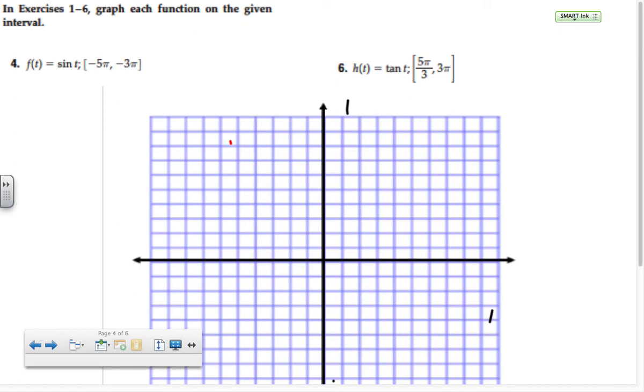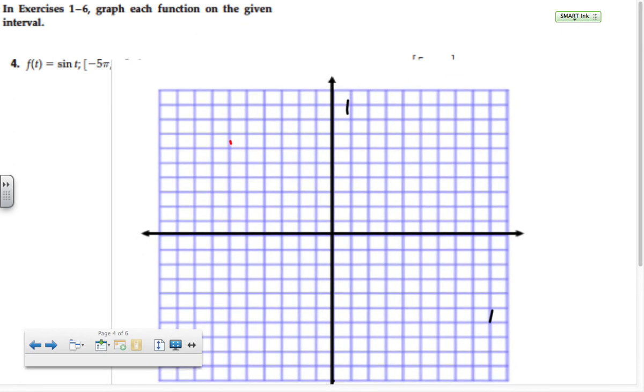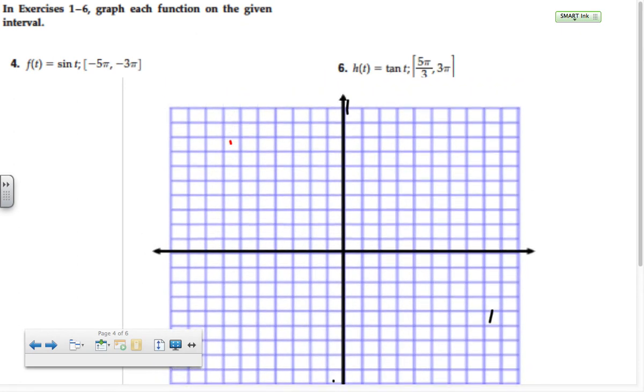So with this, 5 pi over 3 is going to be in the middle. It's not going to fall on a nice line. So when you have these, we're going to put some spaces in here because we need to have some room to play. So I'm going to make the axis over here this time. Not in the middle, over here. And we're going to go from 0 to 3 pi.